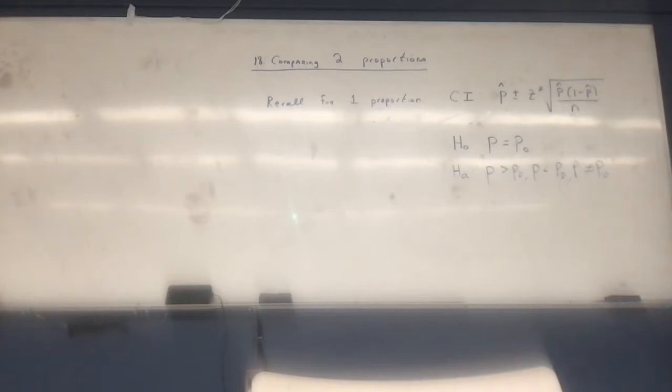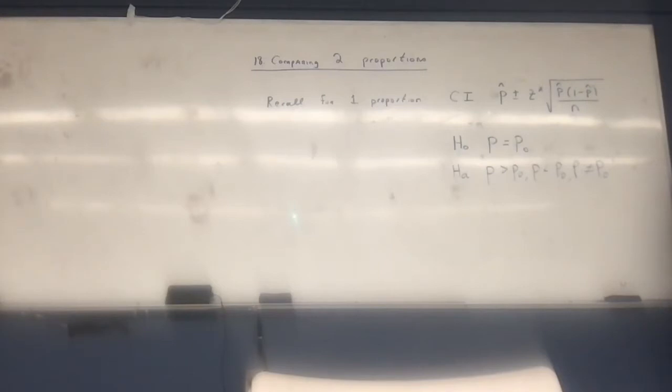And how did we go about computing the p-value, determining whether or not to reject the null hypothesis? We again went directly to our calculator. And on the calculator, how many things do we actually have to input to do a hypothesis test for one proportion?